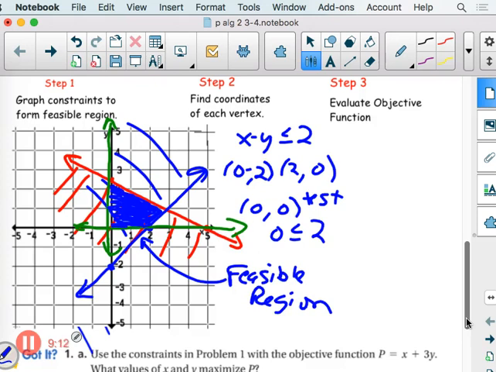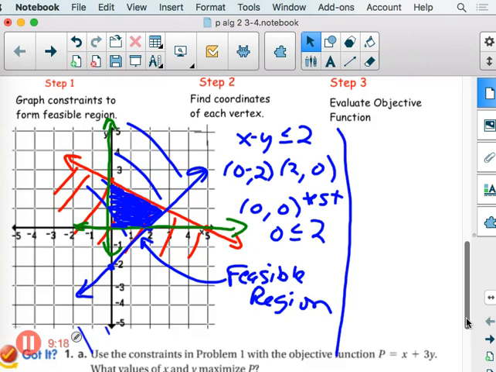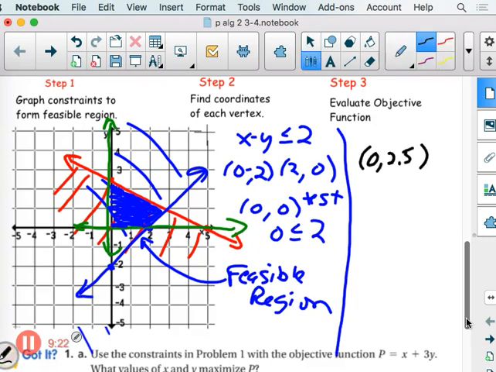Either up here at 0, 2.5, we know that because we graphed it. Down here at 0, 0. Over here at 2, 0.